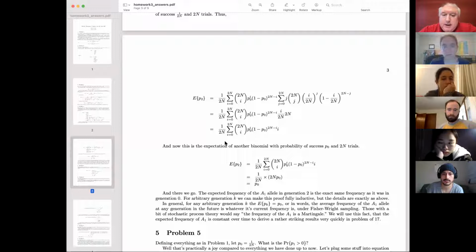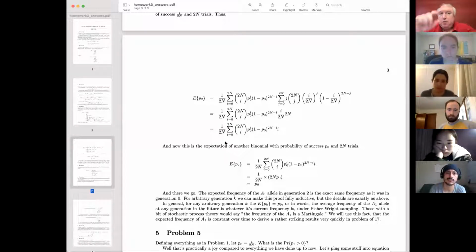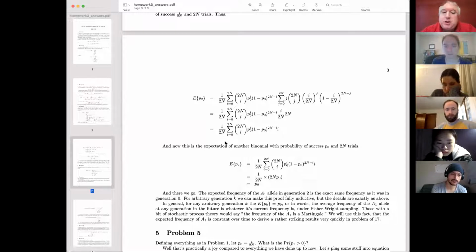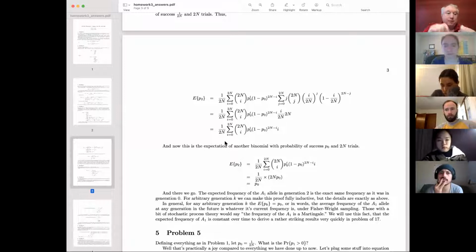That is, the expected value of the allele frequency from Fisher-Wright sampling doesn't change from one generation to another. So we will very soon be using the words to describe this kind of sampling as genetic drift.